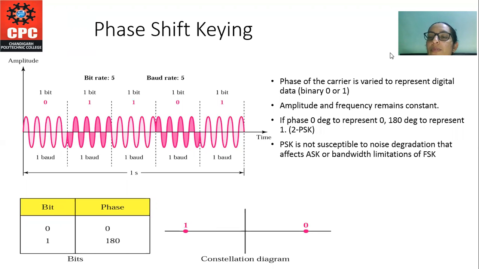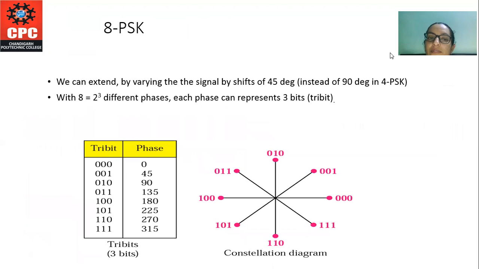Amplitude and frequency remain constant. If the phase is 0 degree to represent 0 and 180 degree to represent 1, that is 2 PSK. PSK is not susceptible to noise degradation that affects ASK or the bandwidth limitations of FSK.